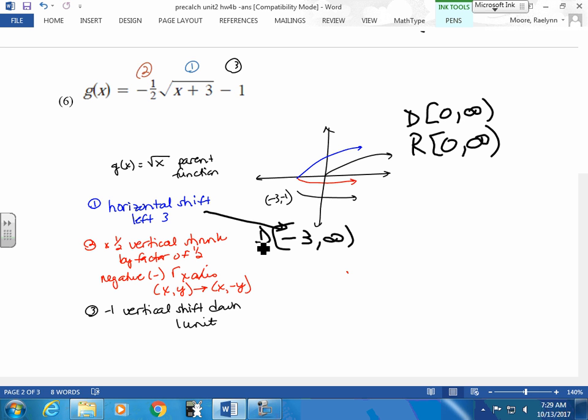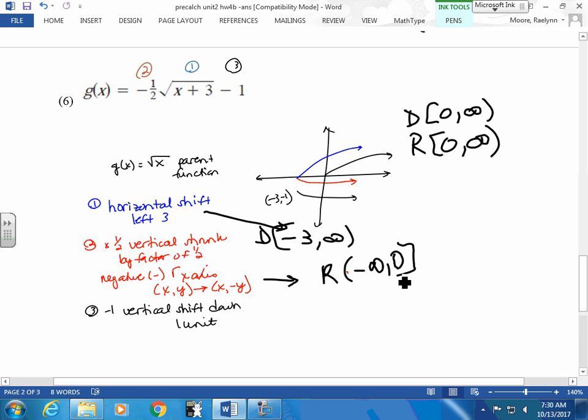And then we're going to make a reflection in the x-axis. So this reflection, what does that change? The domain or the range? The range. So what is the range now? To 0.